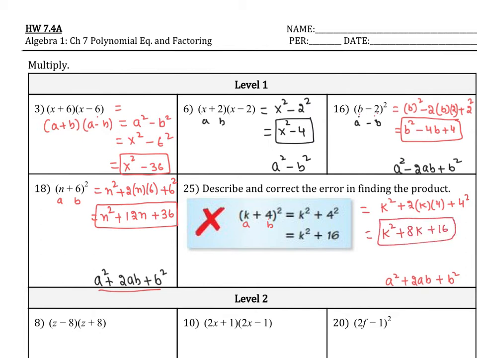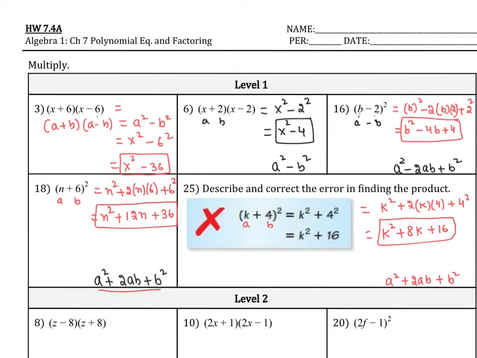So that's your answer. Whereas in this one, you're going to write k² + 16. That's wrong because the k term or the x term is missing. In the binomial, we should have the x term. This is in standard form, k² + 8k + 16.